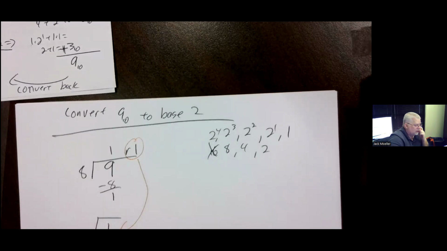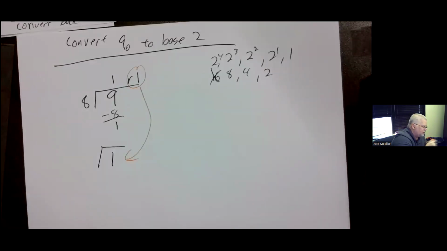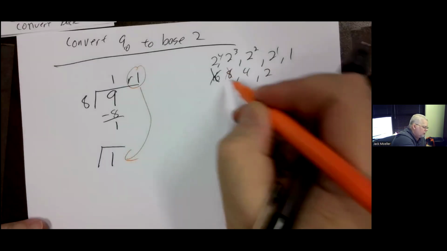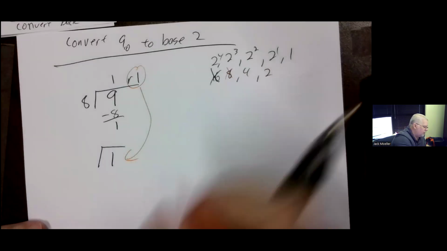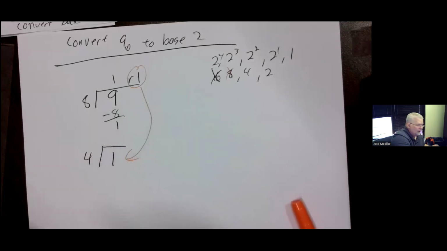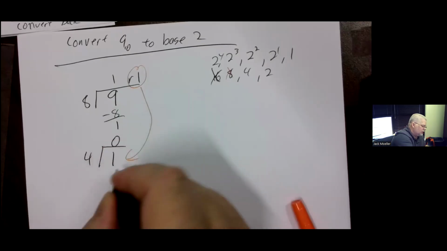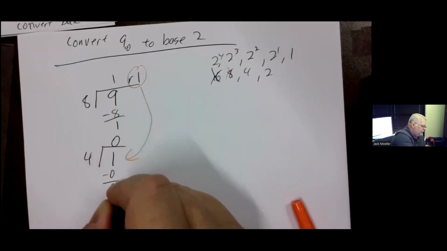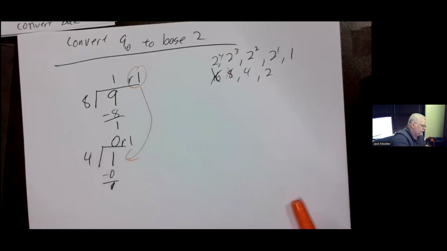Then what you do is you take that remainder. That's what's on the inside. And then you divide it by the next smaller one. So we divided by 8. Now we're going to divide by 4. Well, how many times does 4 go into 1? It doesn't, so that means 0 times with the remainder 1. By the way, circle the whole number answer.